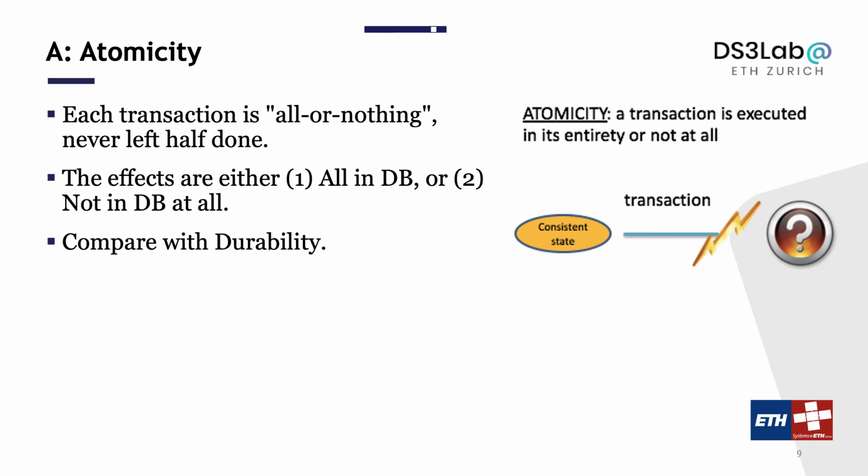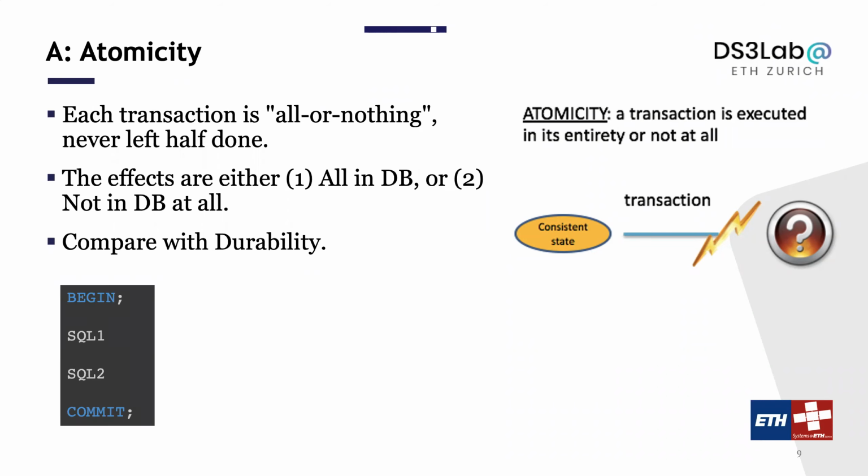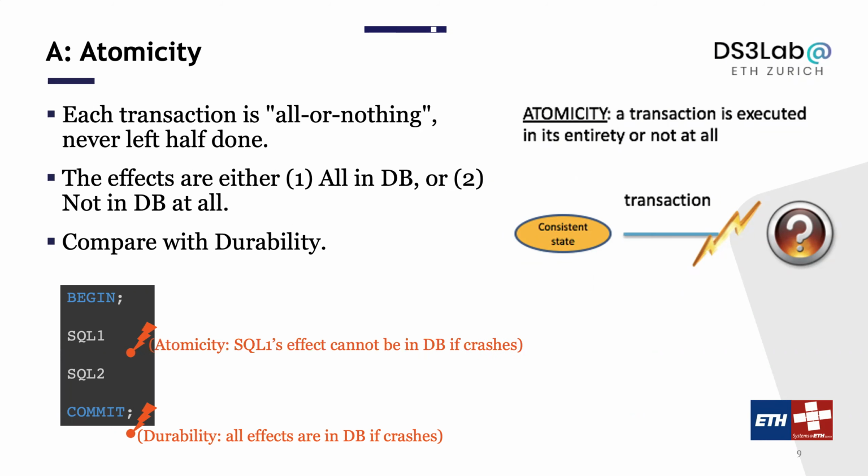So to compare that with durability, essentially we care about system failure at different points of the life cycle of the transaction. For durability, you say, okay, after you commit, I give you a guarantee that all the changes will be there. Atomicity means that assuming the system crashes in the middle, after you run SQL1 but haven't run SQL2 yet, the system crashes.